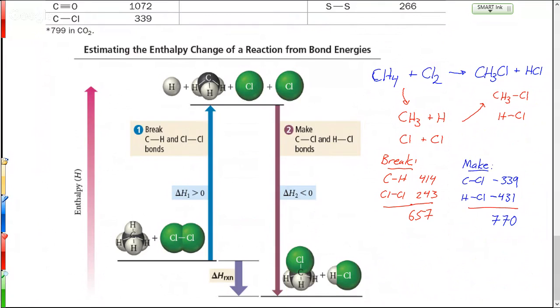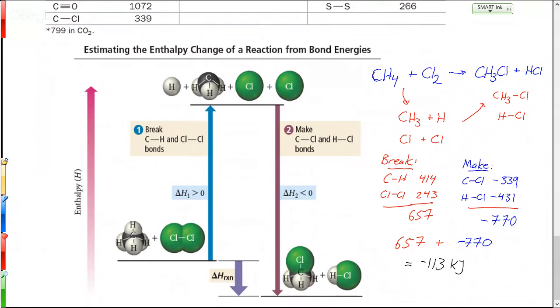So these are going to be negative. And you put those together and you find that the overall enthalpy of this reaction is going to be about negative 113 kilojoules per mole.